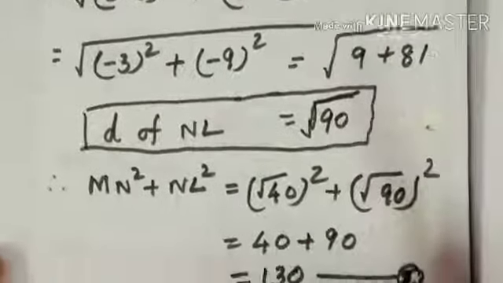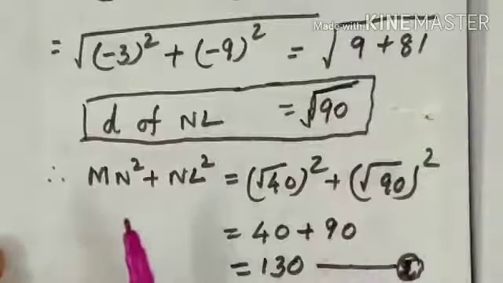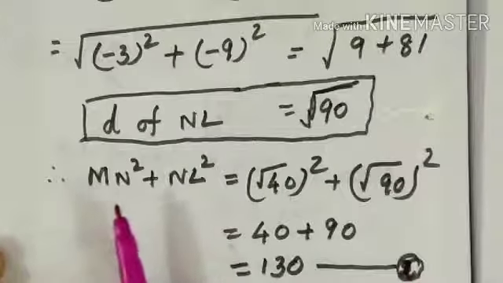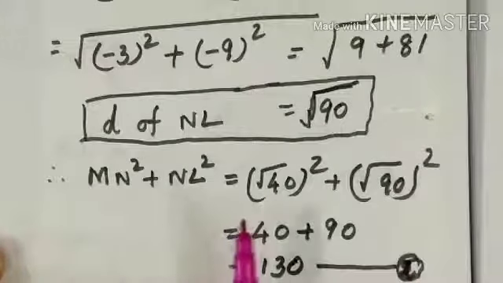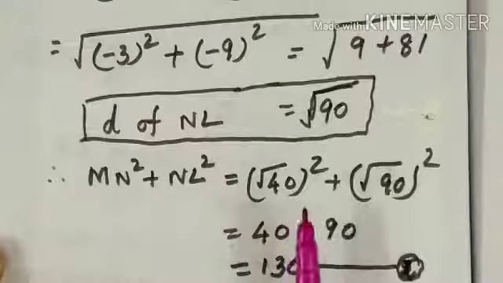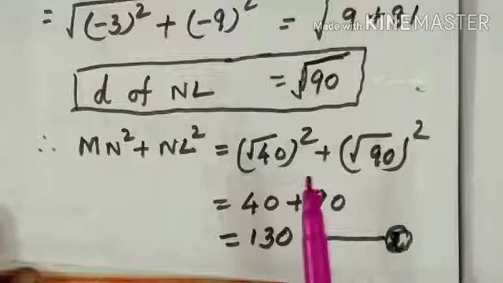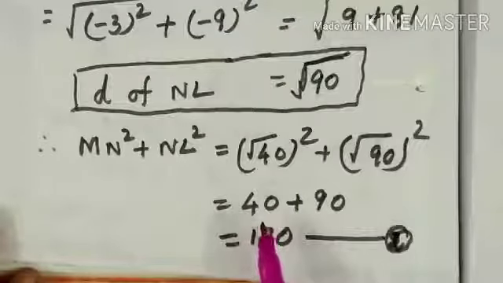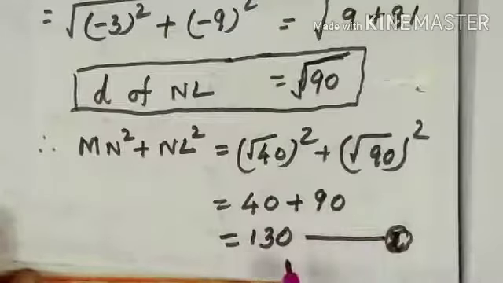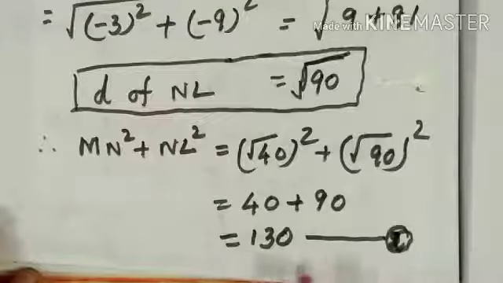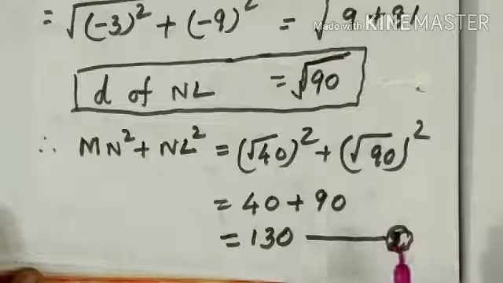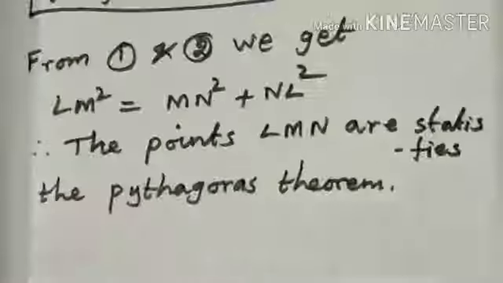Now add these two distances, and we get MN squared plus NL squared is equal to root of 40 the whole squared plus root of 90 the whole squared. Square root cancelling, we get 40 plus 90 is equal to 130. This one you keep number 2. This is right hand side answer.